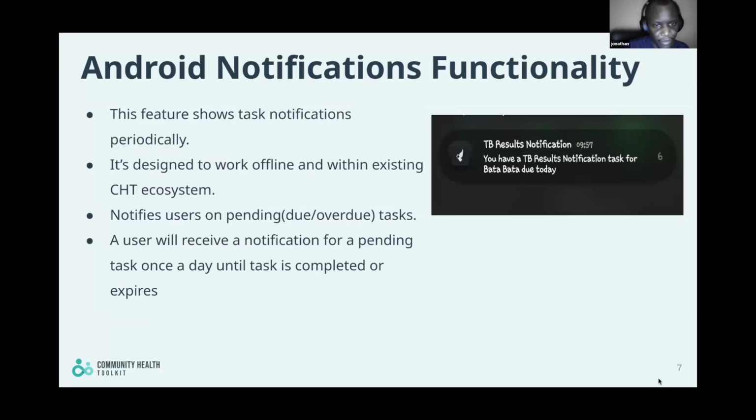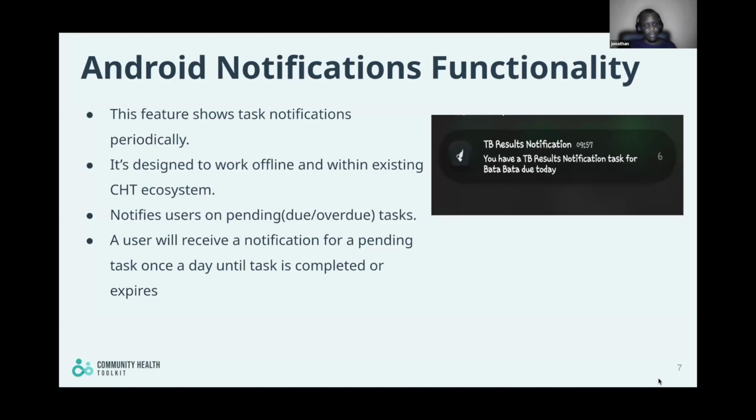So for a couple of months we've been working on this feature. Basically, the way it works is it shows task notifications periodically. It's designed to work offline and within the existing CHT ecosystem, meaning you won't need to implement a bunch of other technologies to have this feature work for you.